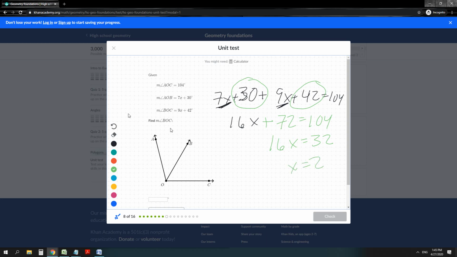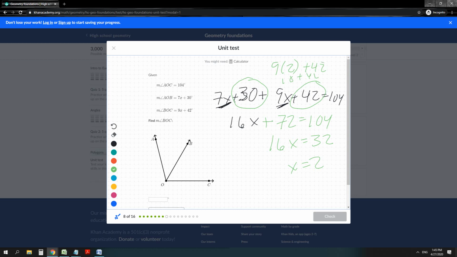Okay? We need to know the measure of BOC, this one right here. Well, that's not bad. All we have to do is plug in the x value right here. Right? So we have 9 times 2 plus 42. Well, 9 times 2 is 18 plus 42.